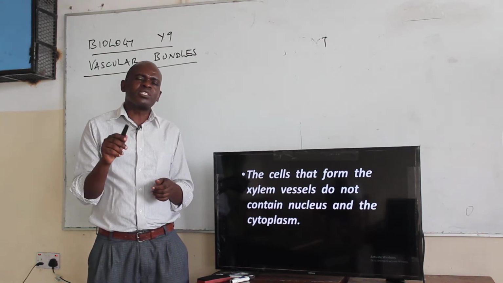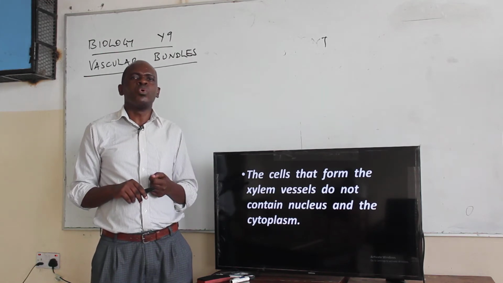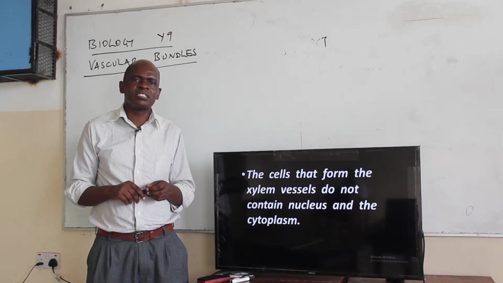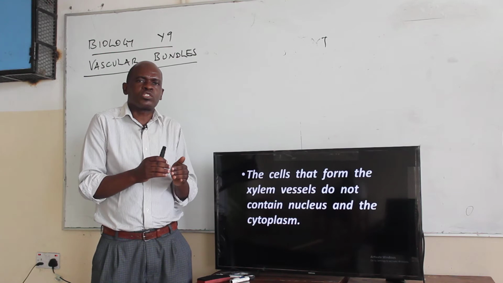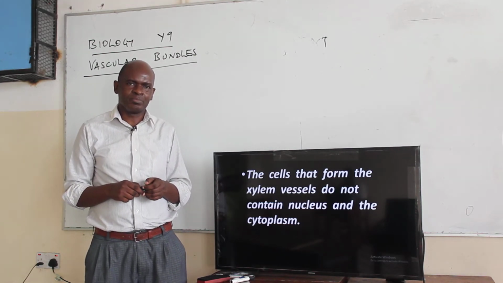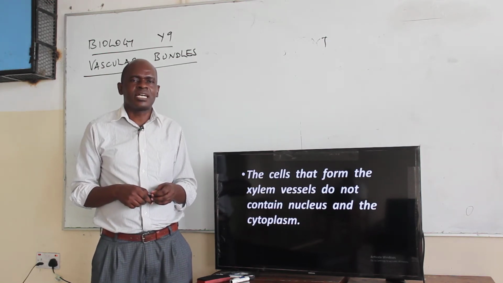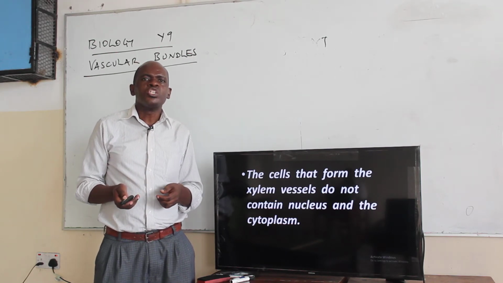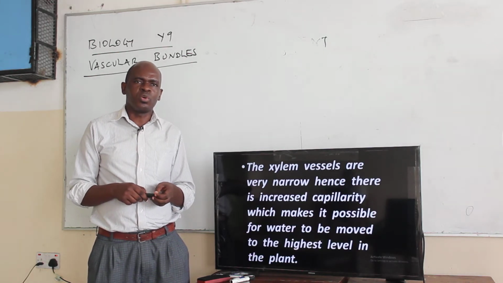Because of the absence of the nucleus, the movement of the water from the roots up the stem, up to the leaves, takes place inside cells that do not interfere with the water dispersal through them. So the absence of the nucleus and the cytoplasm is an added advantage because it makes it possible for this water to be transported without any communication along the way.